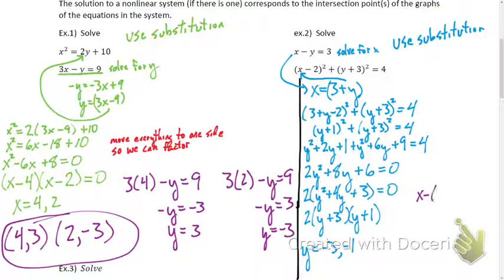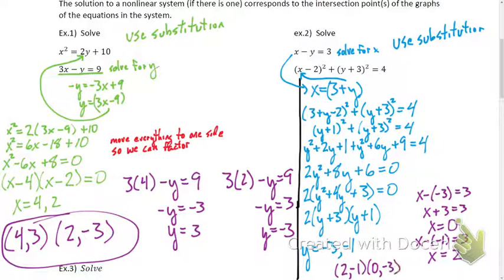Careful with those minuses. And we get 0. Let's plug in -1. And we get 2. So final answer is (2, -1) and (0, -3).